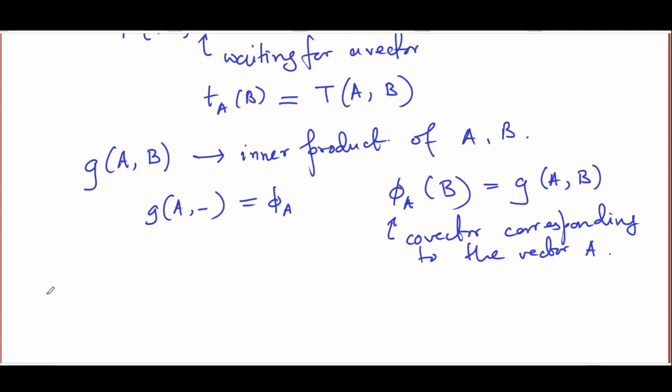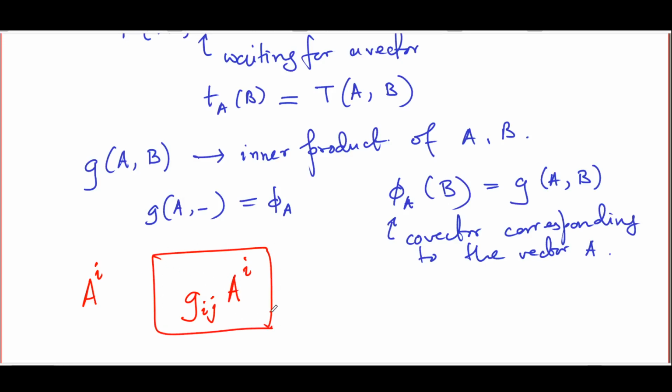A vector, of course, in the traditional notation is written with an upper index, and this quantity essentially is represented by this object. So this is basically a lower index version or a covector version of the vector A. Note that if you were to feed a vector A into the first slot of any 0,2 tensor, you would end up with a covector. But that covector will not usually have a very special connotation.